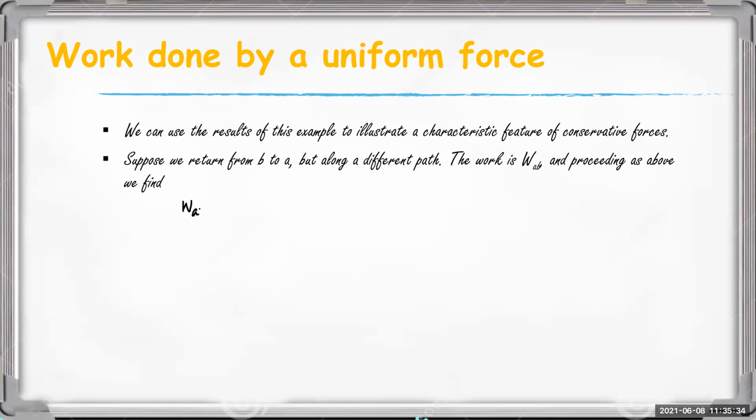So we can write WAB is equal to F0 n cap, here n cap is any other direction, dot RB vector minus RA vector. Okay.